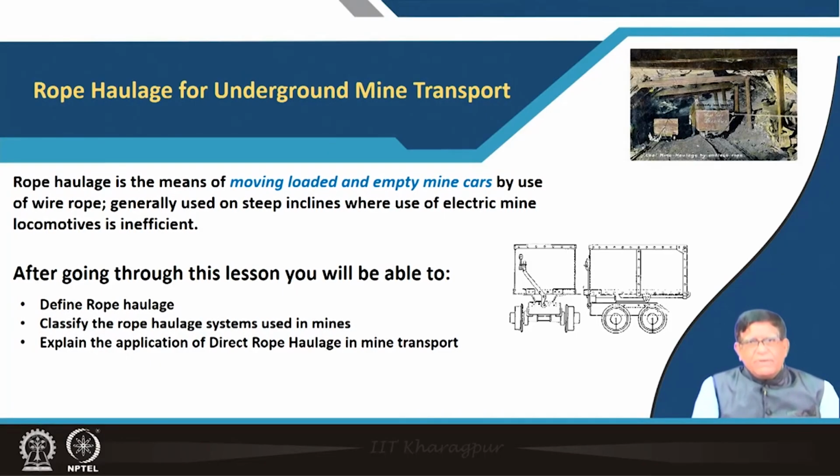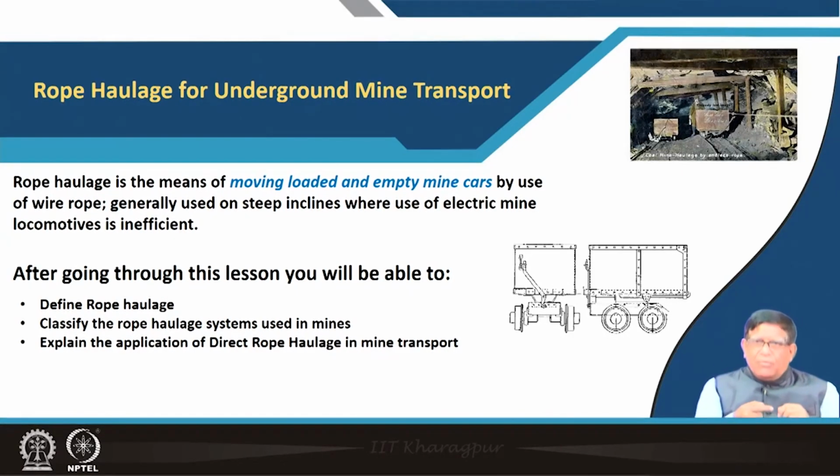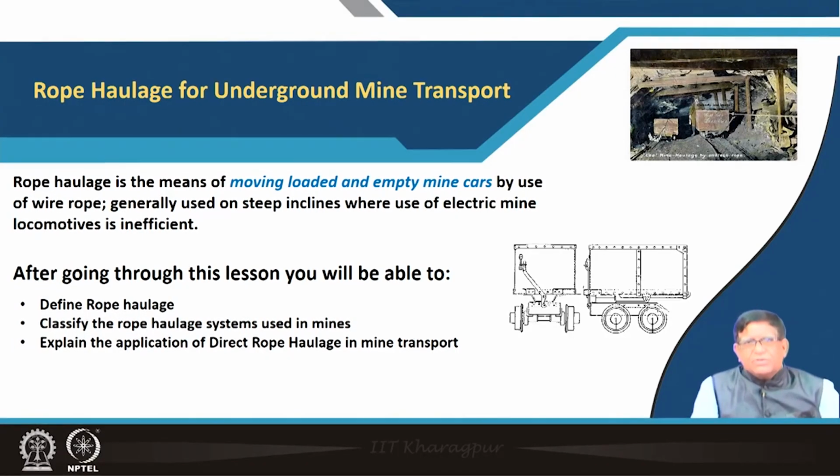Basically, the drive will have a drum on which this rope is wound. One end of the rope is anchored in the drum, the other end is connected to the cars.